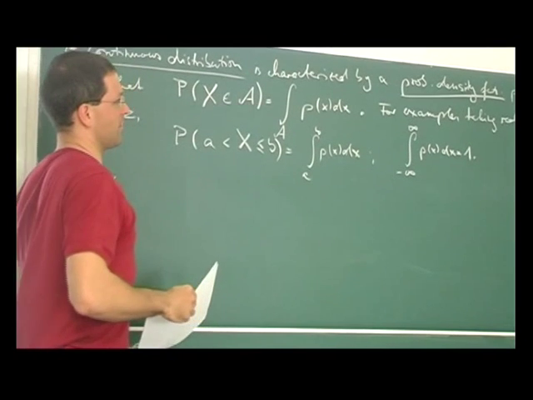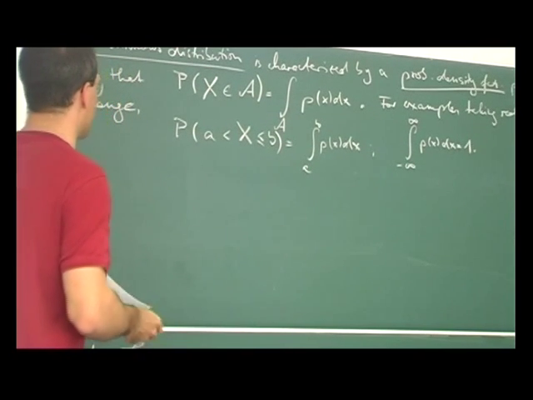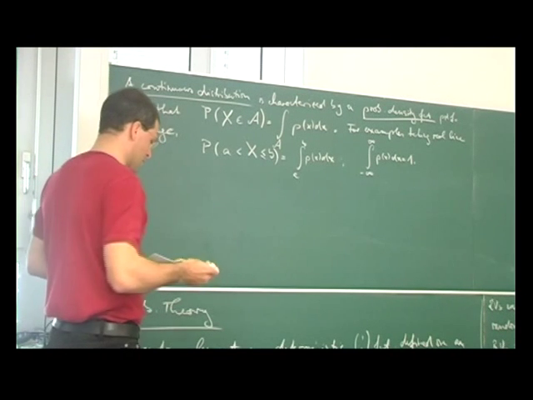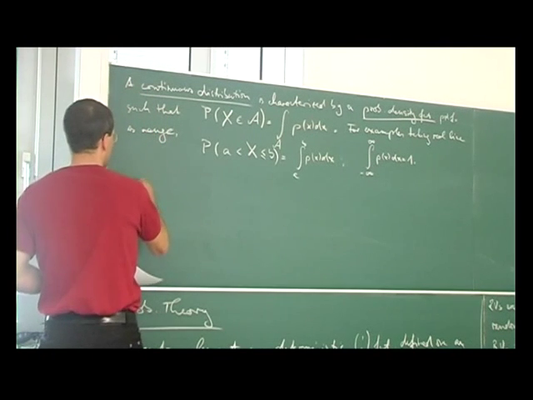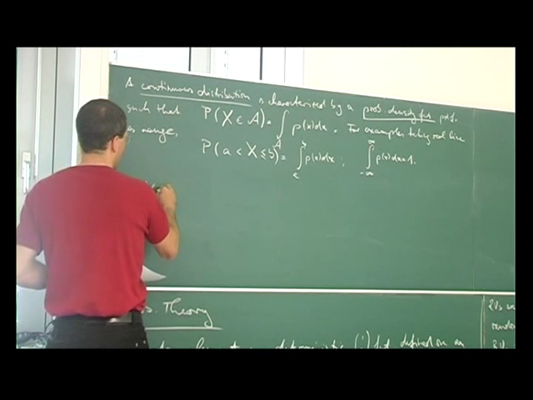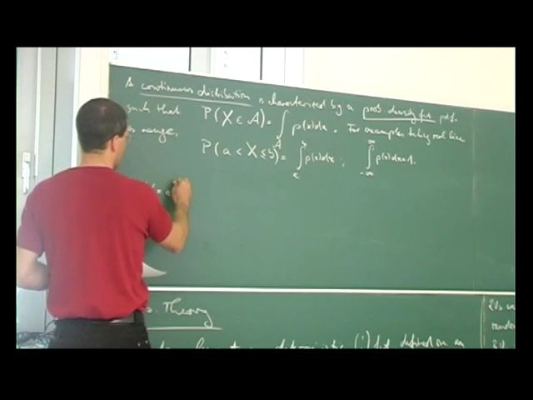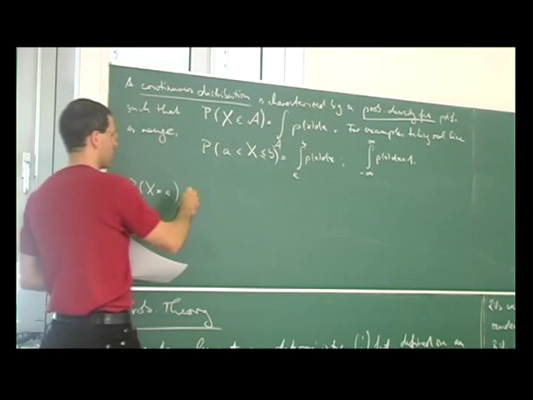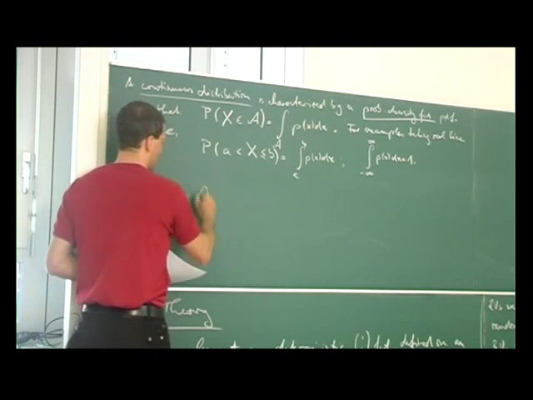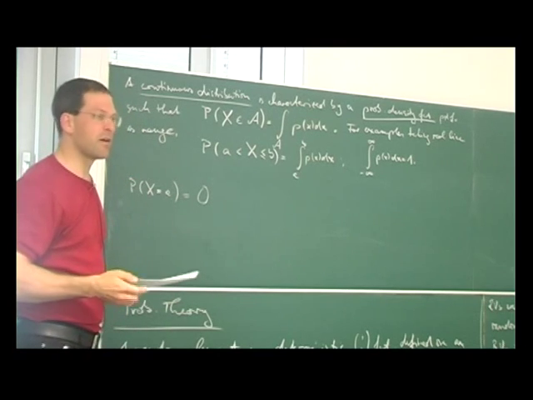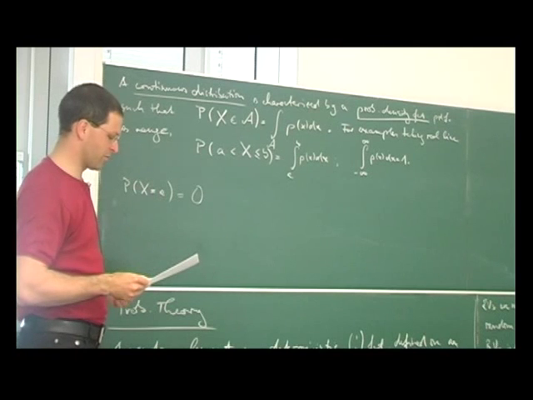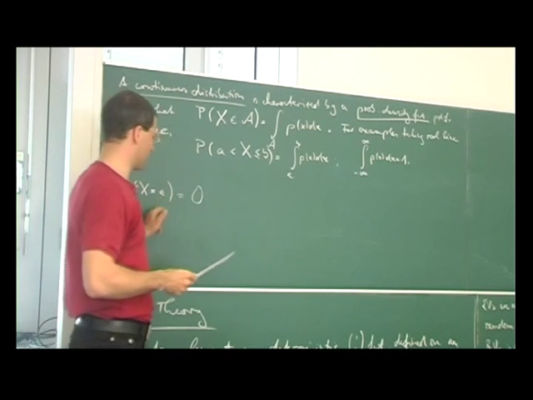Now there's a technical point here, namely, if we have such a continuous distribution, the probability of our random variable taking on a specific value, so this is some number, is 0, even though it is not impossible to observe this value.